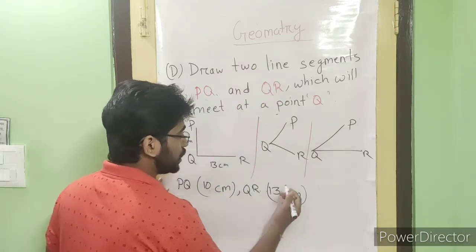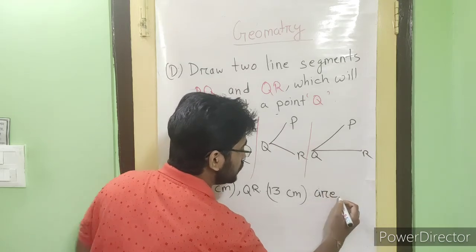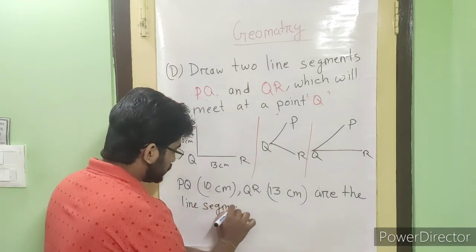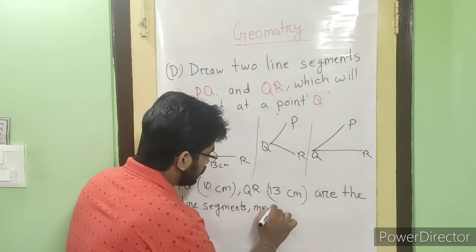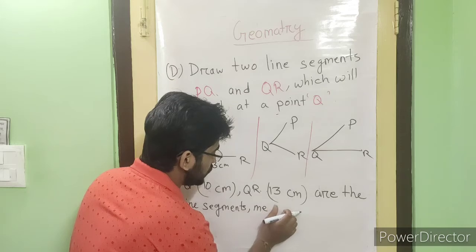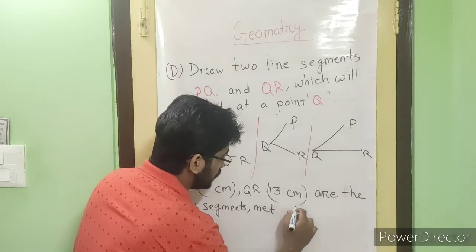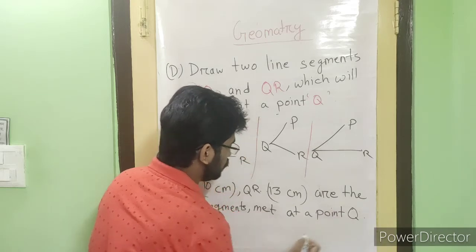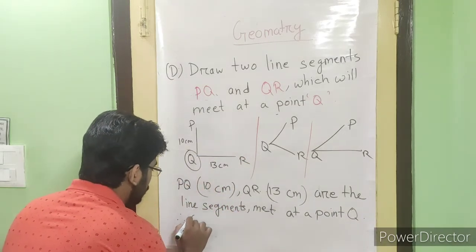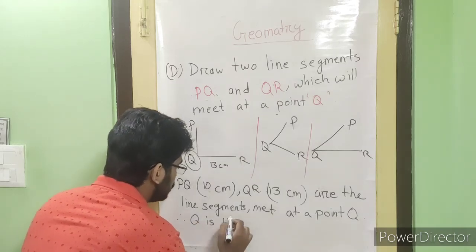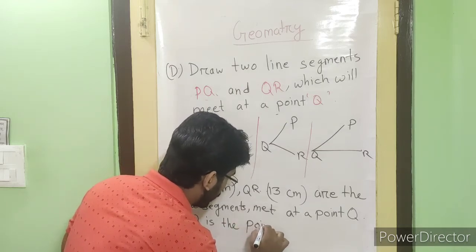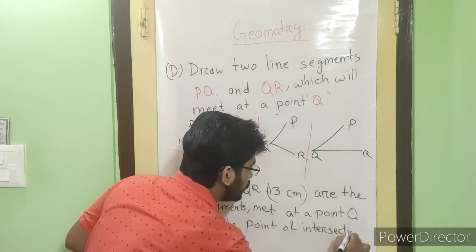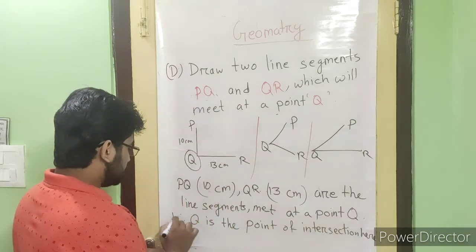So PQ, QR are the line segments, meet at a point Q. Therefore Q is the point of intersection here. This last line is optional.